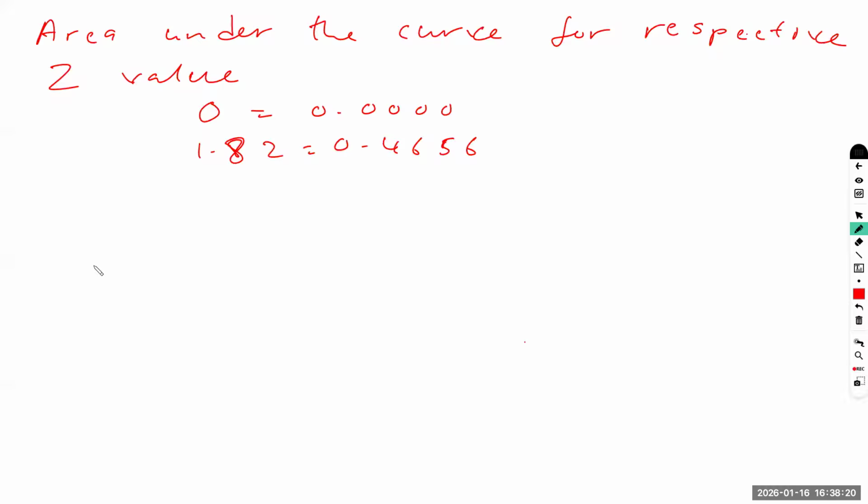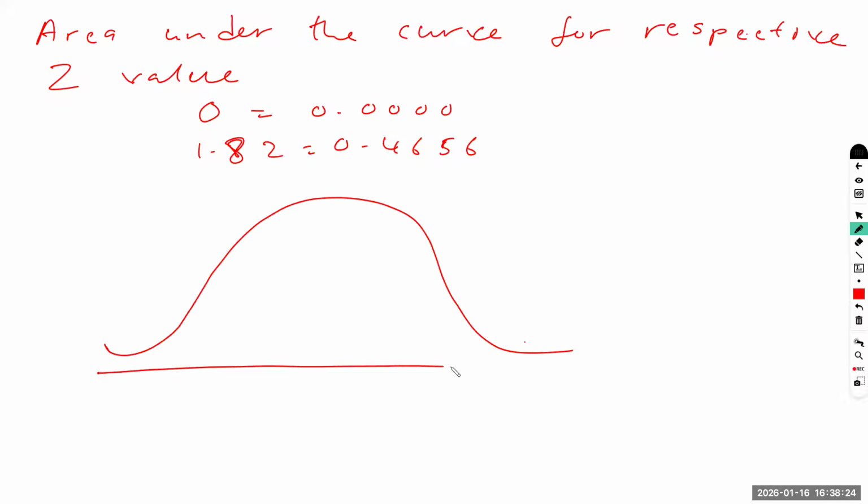So let me do this. Good. So this is the curve, right? I said it's not drawn to scale. Do you get what I'm trying to say? It's not drawn to scale. And then I had 1.82, right? So I'm imagining here's my 0 as usual.